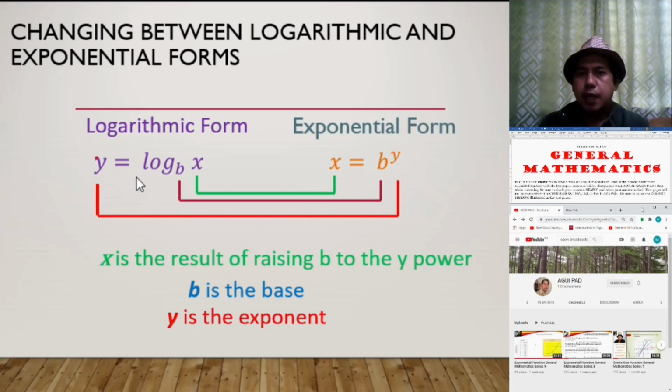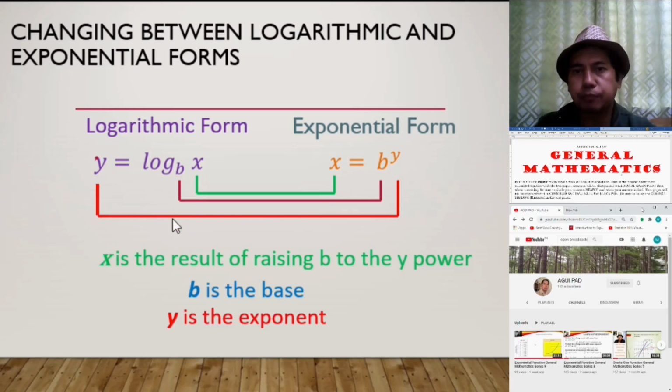And my y is the exponent in the exponential form. This is the pattern that we will be making use of when we convert.